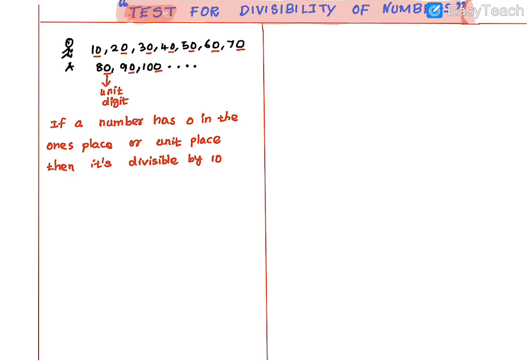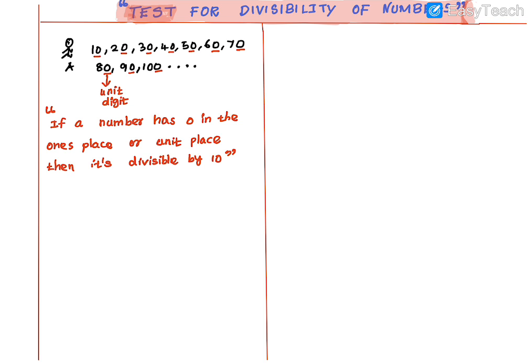If the unit digit, that means the last digit, is 0, then it will be completely divisible by 10.